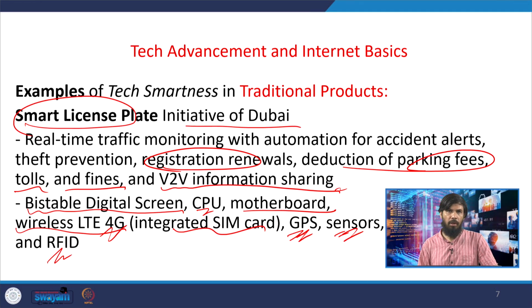They become affordable at a larger scale, because managing real time traffic in an automated fashion using all these computing components across so many cars. There would be so many smart license plates, depending on the number of cars in a city, right. So it's a large scale initiative, and only because computing has been getting cheaper do these initiatives become affordable.